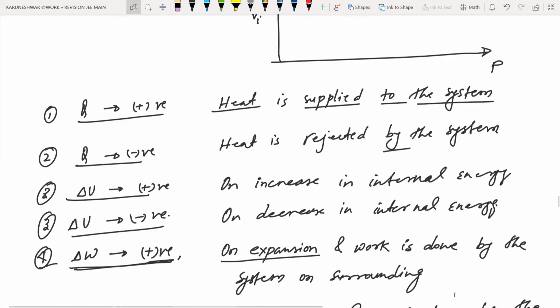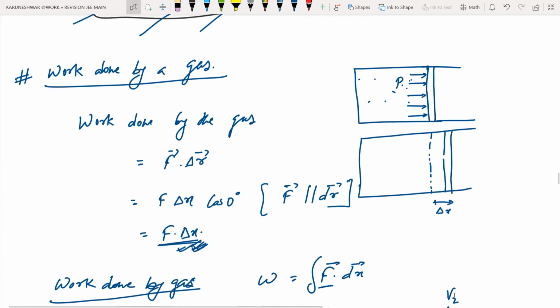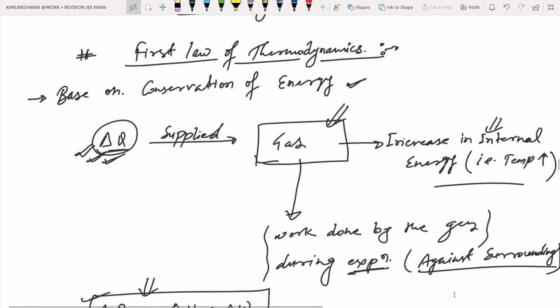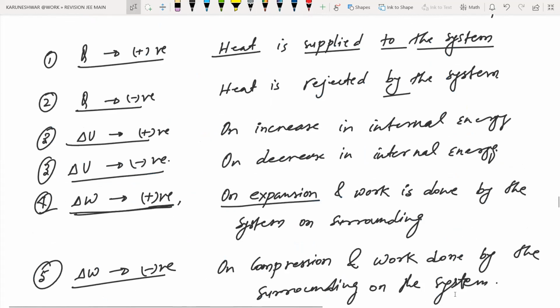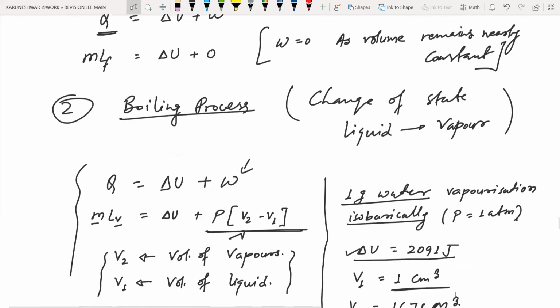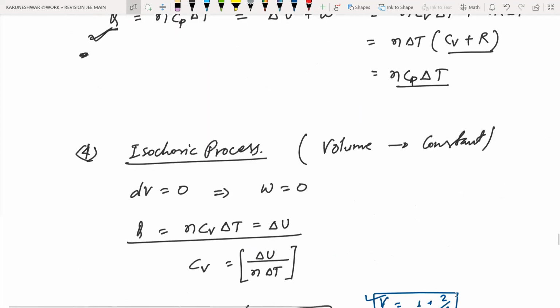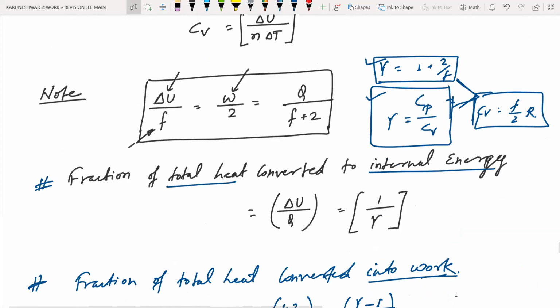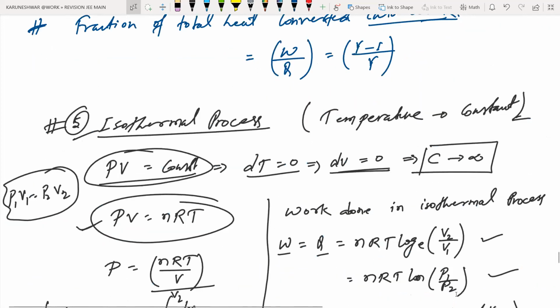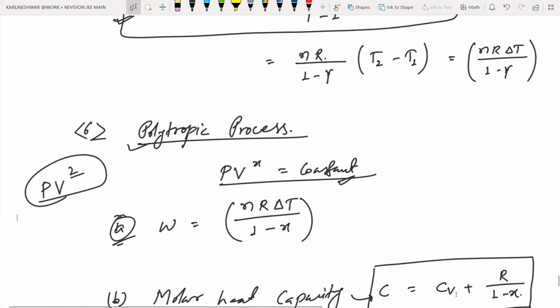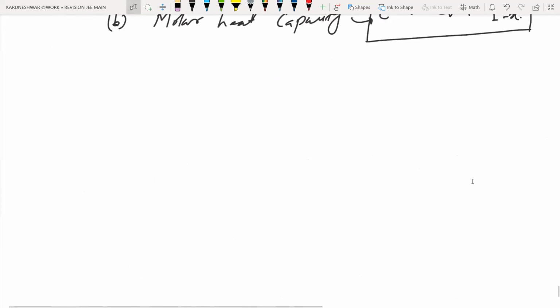Let's see: the first process was melting, second boiling, third isobaric, fourth isochoric, fifth isothermal, sixth adiabatic, and seventh polytropic process. Now we are having the eighth process, that is the last process to understand.